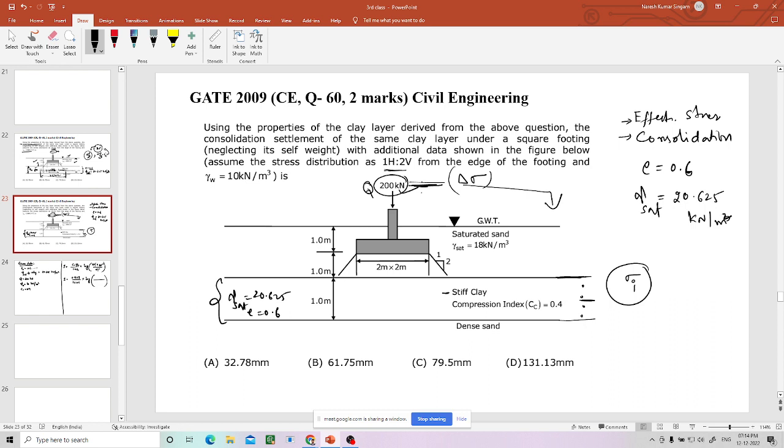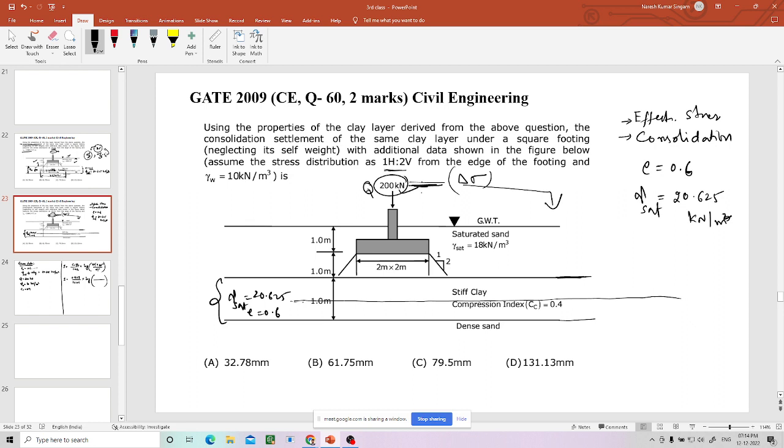So our aim is, I'll just rub it. Our aim is to find out settlement at midpoint of this clay layer. Okay, now what shall we do?